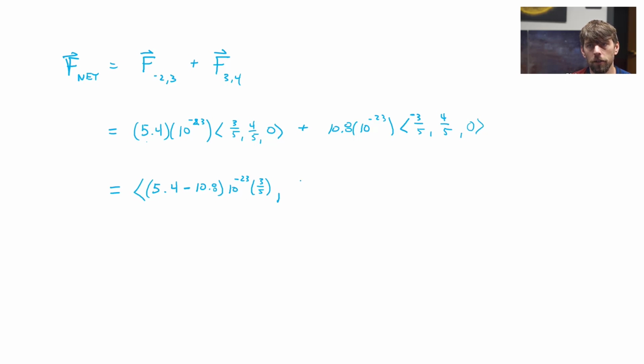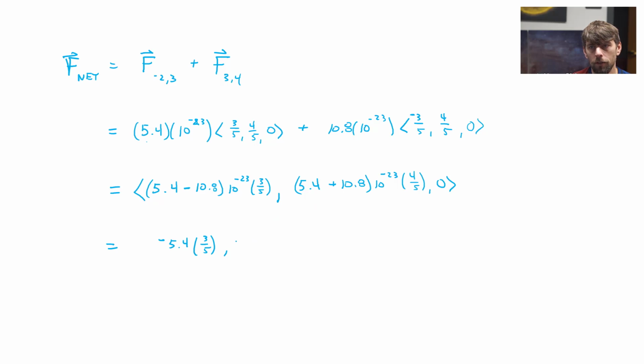I can similarly write 5.4. Now notice both have positive y values, so I get plus 10.8 times 10 to the negative 23rd times 4/5. And then 0. Well, that's it. We're done. I guess we could do the math, right? This is a negative 5.4 times 3/5.